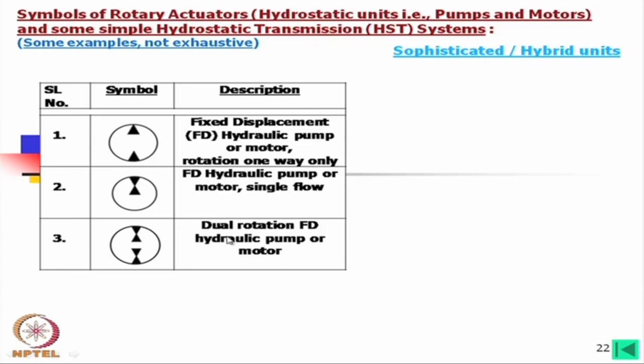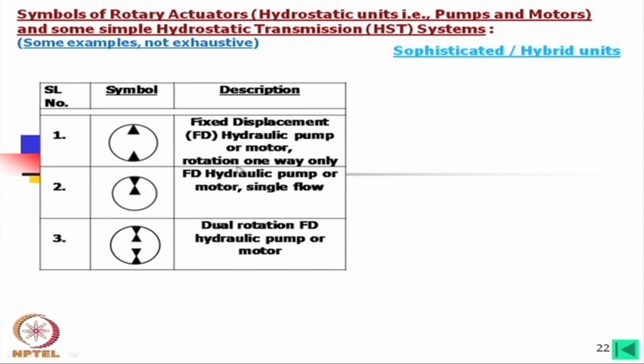Now, in this case, this is dual rotation. This one I will tell you: if you rotate in one direction, it will act as a pump. If you rotate in the opposite direction, that means with the same flow direction, if you use the flow and try to have the output, then it will act as a motor.